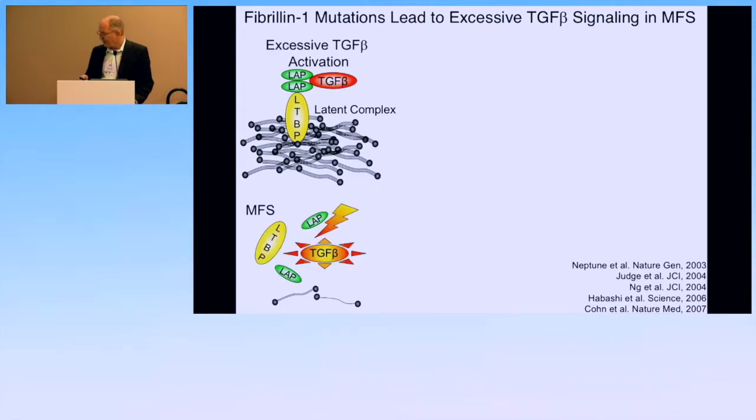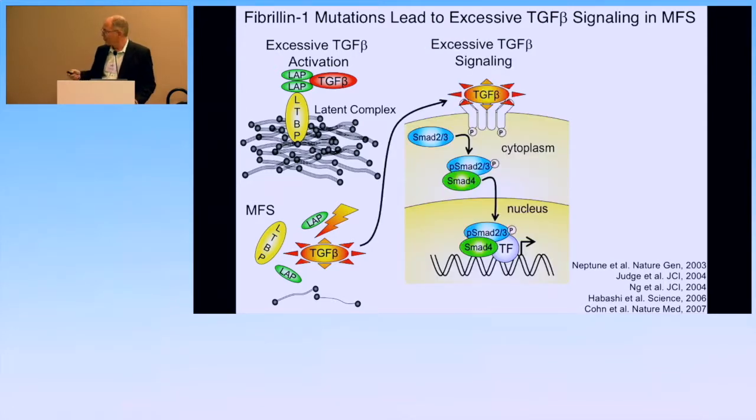There was also the observation that in the context of inadequate microfibrils, as we see in Marfan syndrome, there was excessive activation of TGF-beta. And on that basis, promiscuous interaction of TGF-beta with its cell surface receptor could then initiate an intracellular signaling cascade that included phosphorylation of the SMAD signaling molecules that then translocate to the nucleus and drive TGF-beta DNA expression responses.